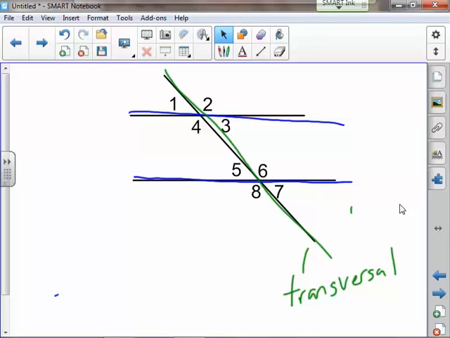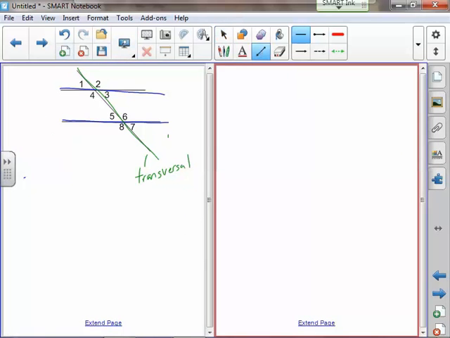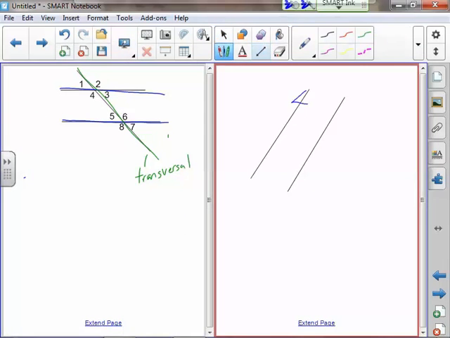All right. We also quickly discussed the idea of parallel and skew lines. So we know two lines are parallel. Back in algebra, we knew two lines are parallel if they shared the same slope. Remember y equals mx plus b?